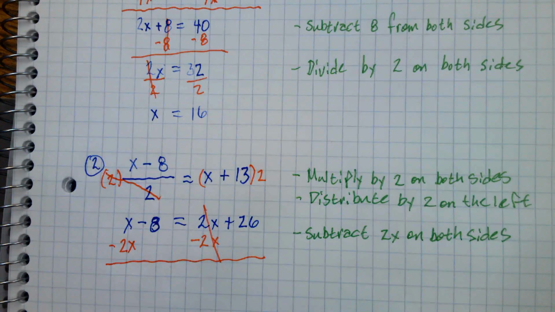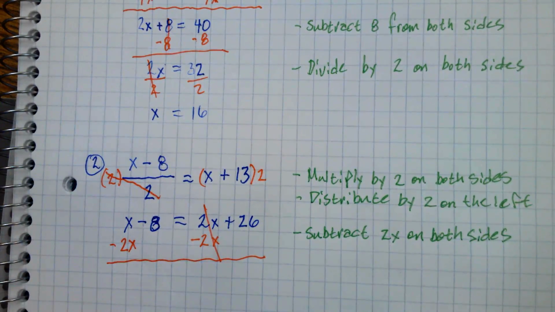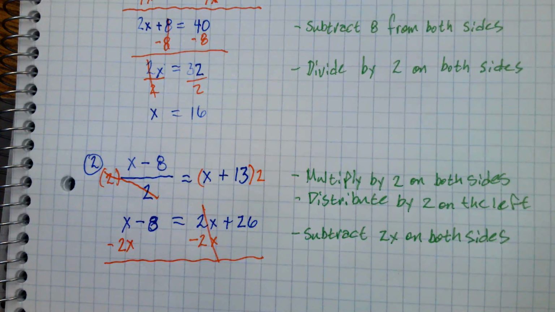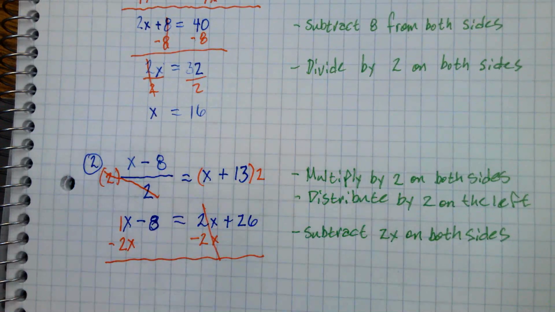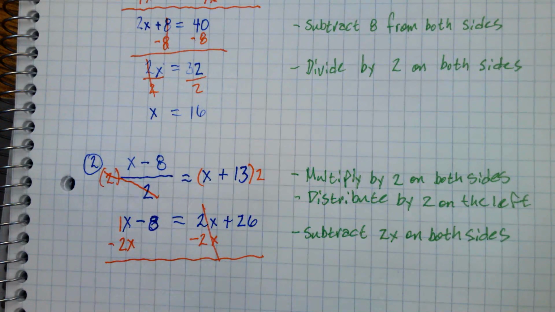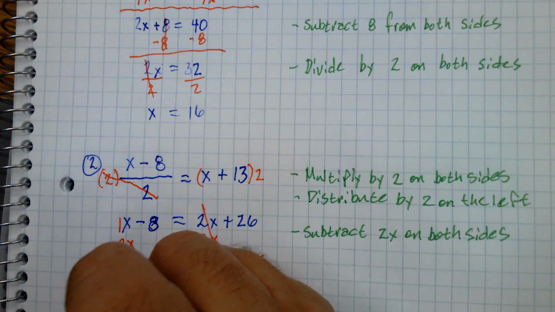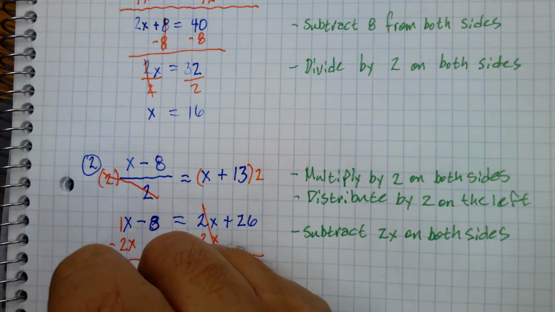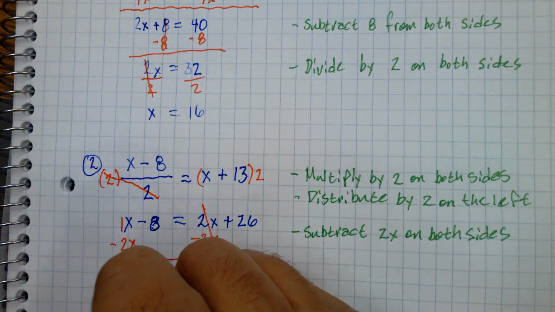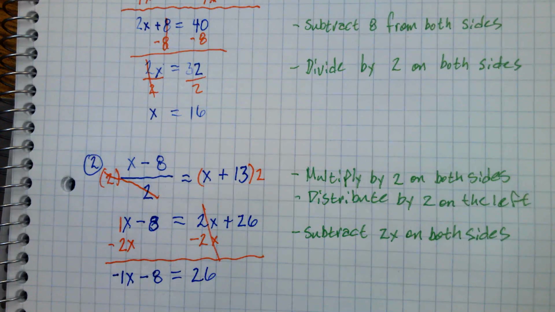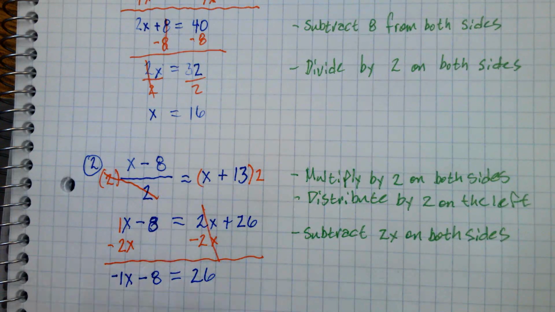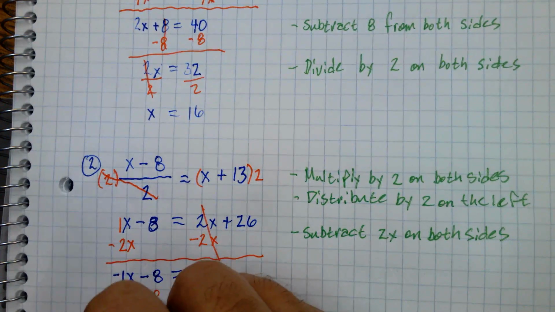All right. So now if I have x and I take away 2x, what do I get? Negative x. Remember, this is 1. We can always put the 1 there. 1 and take away 2 is negative x, or negative 1x, if you want to write it that way. Minus 8 equals 26. Okay. Let's get rid of the 8 now. So plus 8.